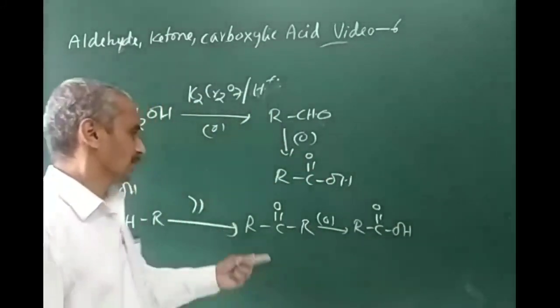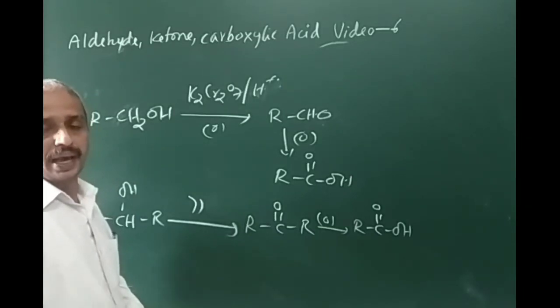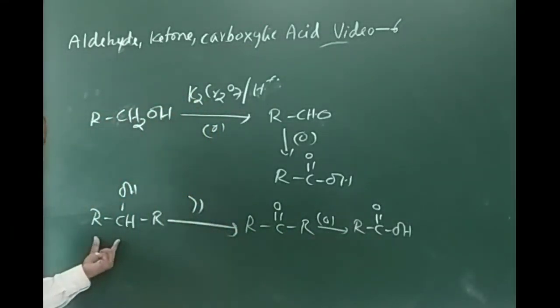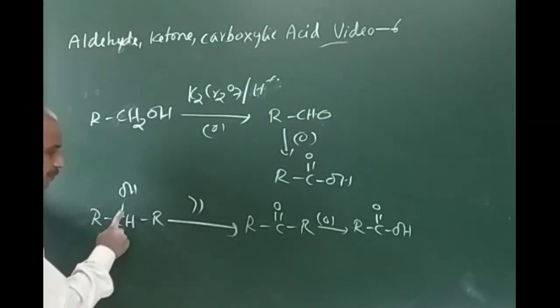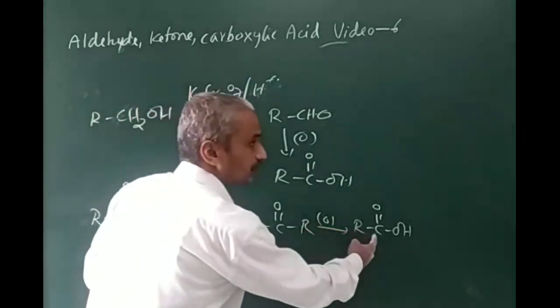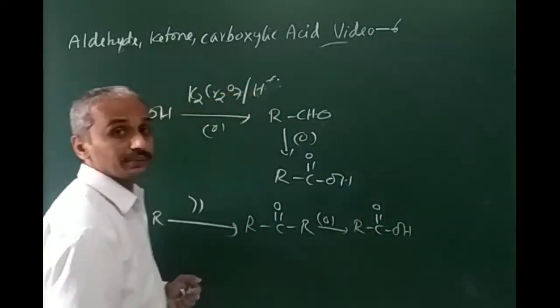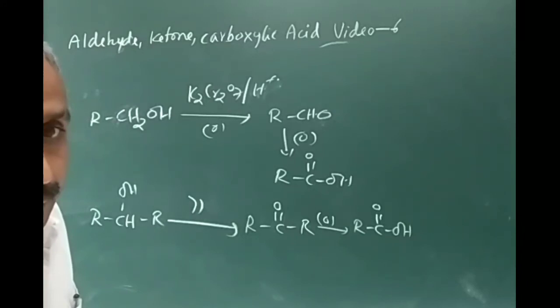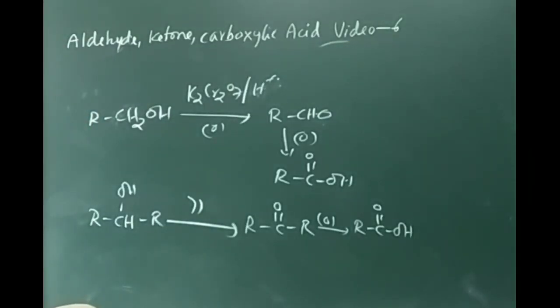Splitting of this ketone will be there. I get less number of carbons compared to this. Say CH3, CHOH, CH3, but I get CH3, COOH only, 2 carbon only. So less number will be there. Okay. Note on this properly.